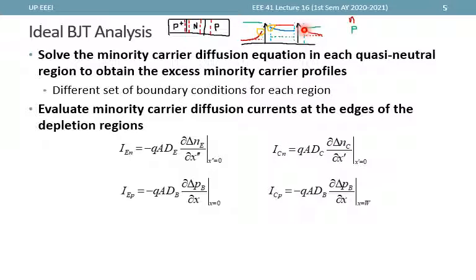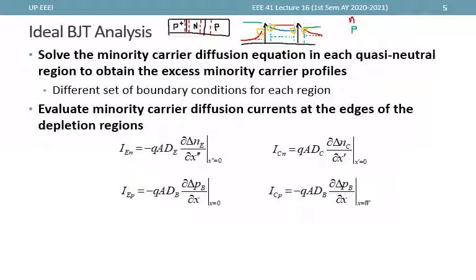For this delta NC, we need the slope at x prime equal to 0. And for the last one, ICP, we need the slope of delta PB at x equal to W, or at the edge of the depletion region at the base towards the collector side.